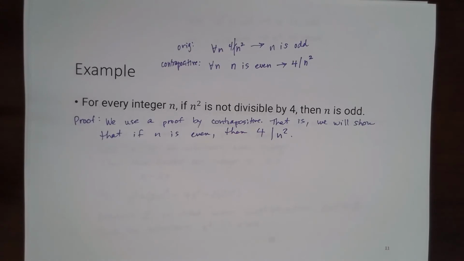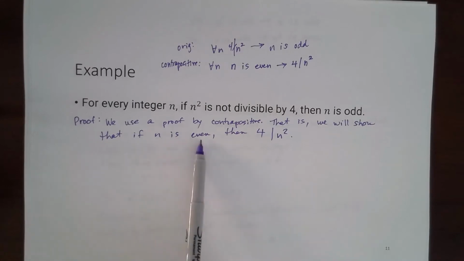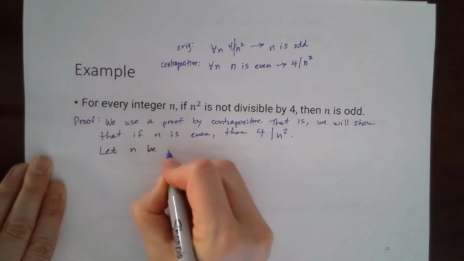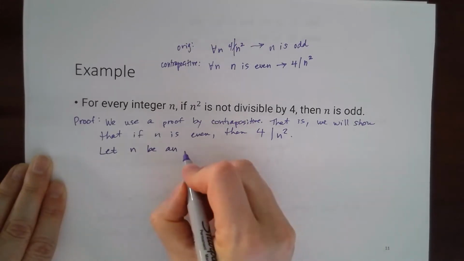So that's what we're shooting for. At this point, it's really just a direct proof of that statement. Our hypothesis for this contrapositive statement is that n is even. So let n be an arbitrary even integer.